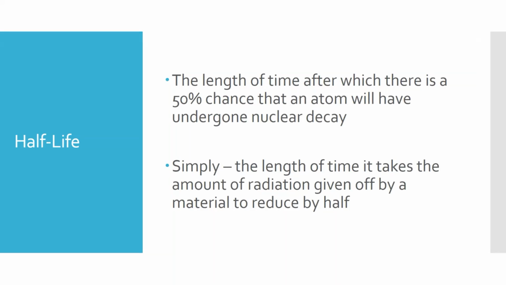Now it's constantly reducing. It's going to be reduced by half after one half-life. So you can't just say that from day one to day 120 the radiation stays the same, and at day 120 it instantly gets cut in half. No, it's dropping continuously, and at day 120 it's at half.